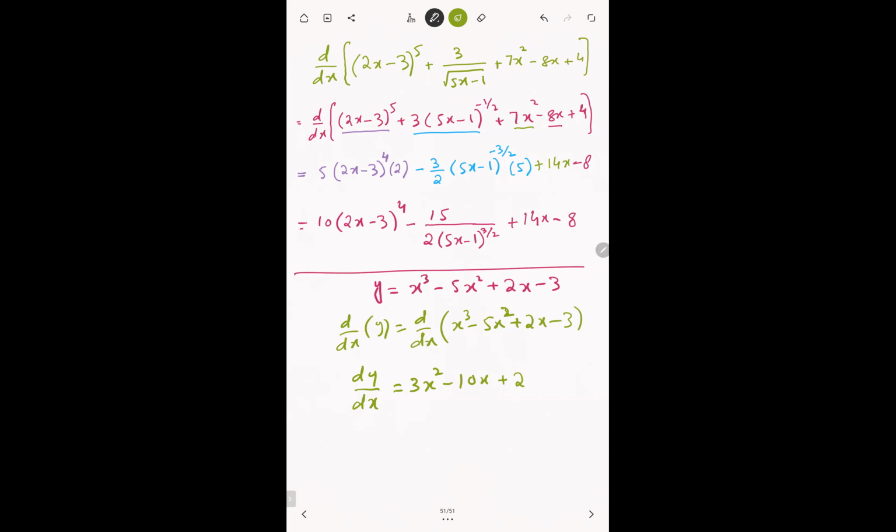So the only change I brought here in this question is that y is there. Now you have an equation, and when you have y is equal to something, you will get dy by dx is equal to 3x square minus 10x plus 2. So when you differentiate y with respect to x, you get dy by dx.